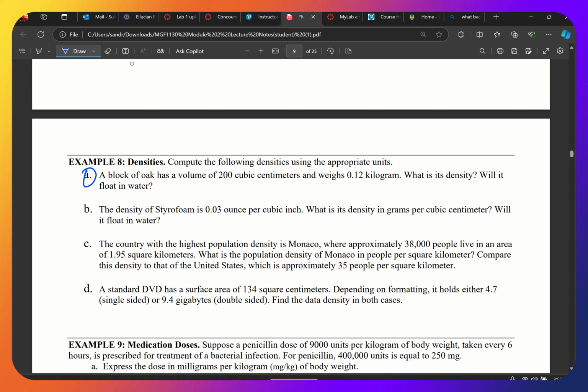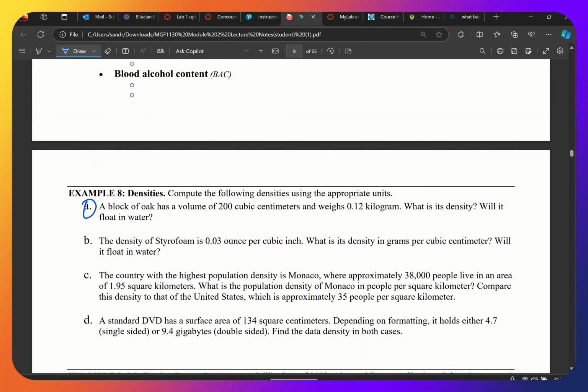So example 8A, compute the following densities using appropriate units. A block of oak has a volume of 200 cubic centimeters and weighs 0.12 kilograms. What is the density? Will it float in water? Well, material density, remember, is grams per cubic centimeters.